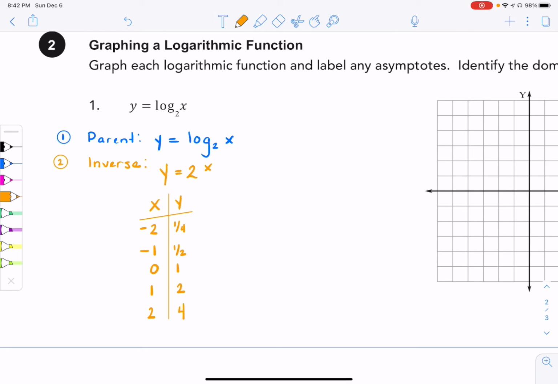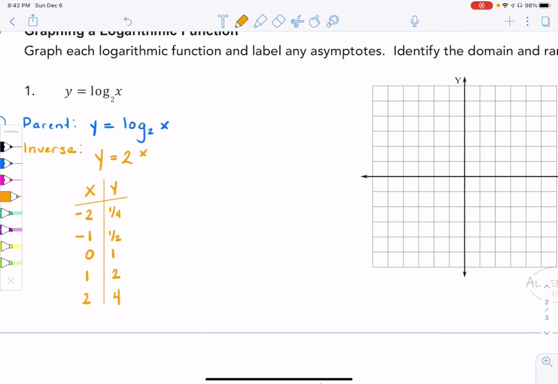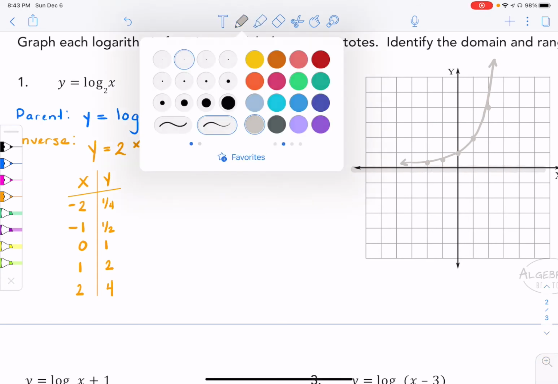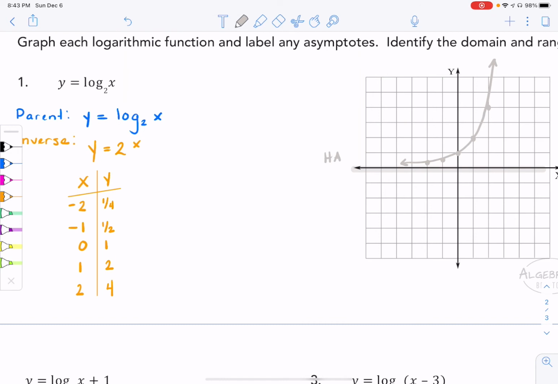So just for explaining purposes, I'm going to graph this. I'm going to graph it in light gray, just so I can talk about the answer. Typically, you would not graph this, so you don't need to do this on your paper. I'm graphing this function just to explain to you where the log graph comes from. So also in gray, I'm going to highlight that we have a horizontal asymptote for this graph, and the horizontal asymptote is located at y equals 0.